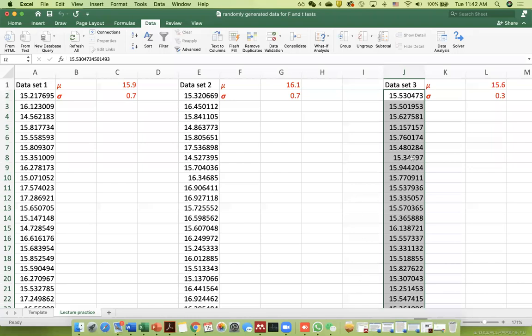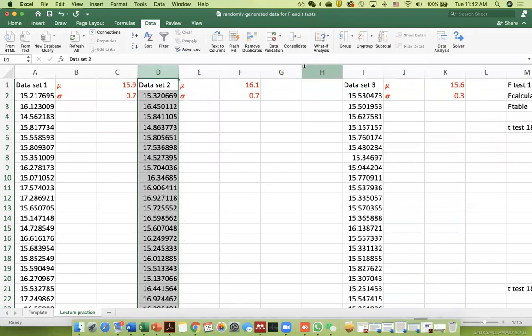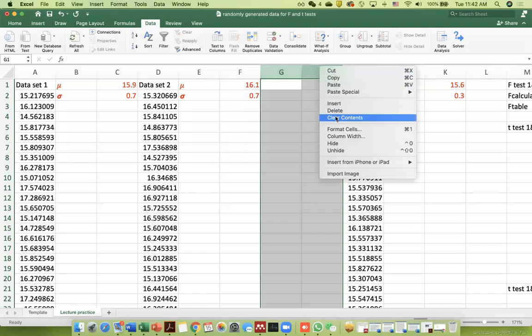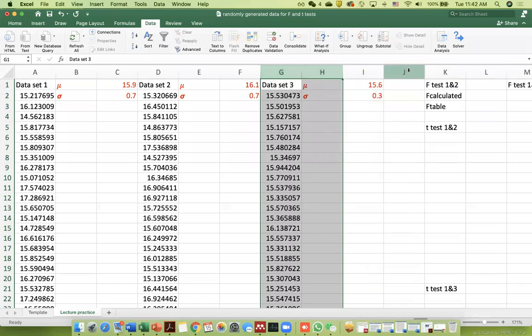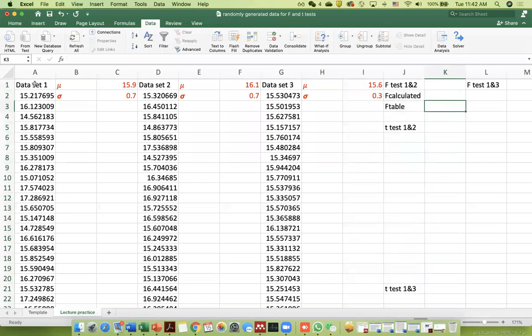Okay, so the first thing, let me delete the unnecessary columns. The first thing is I want to do the F-test between dataset 1 and dataset 2. How do we do that? We first calculate the experimental value, the F calculated. How do we calculate this value?